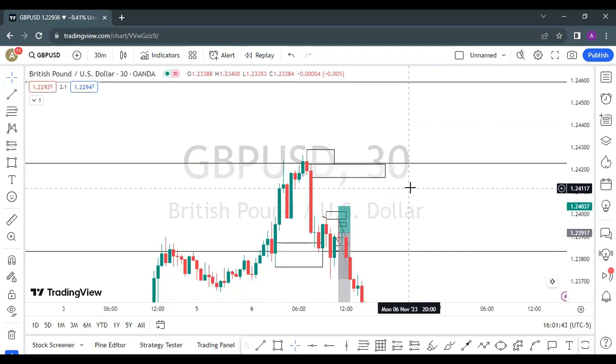Then we know that that one is a genuine loss. But this one, 30 minutes was your analysis time frame. So you were supposed to wait for 3 minutes or 2 minutes or 1 minute, whichever one you are using, to make your proper entry.